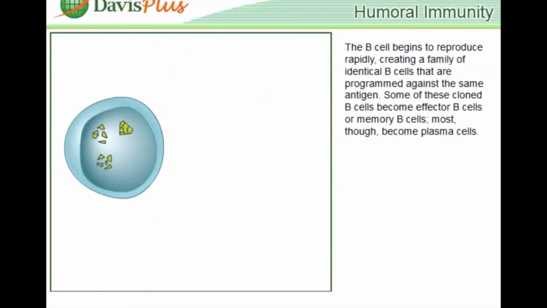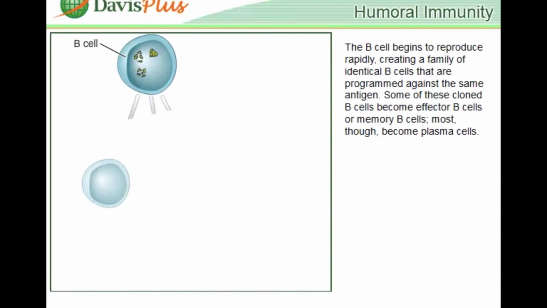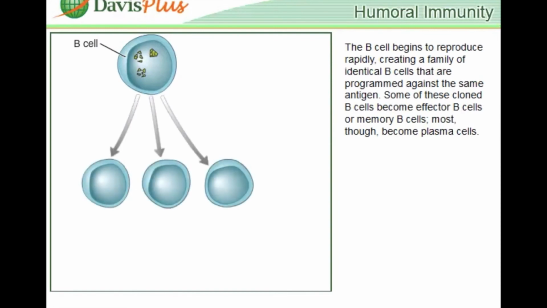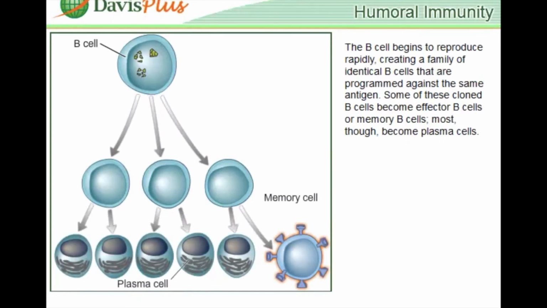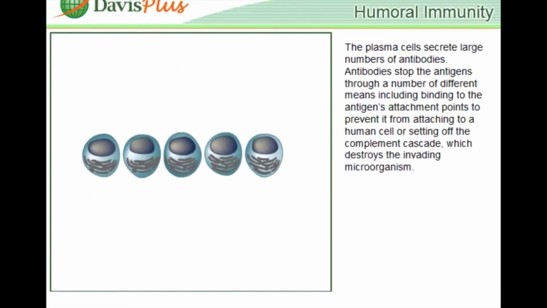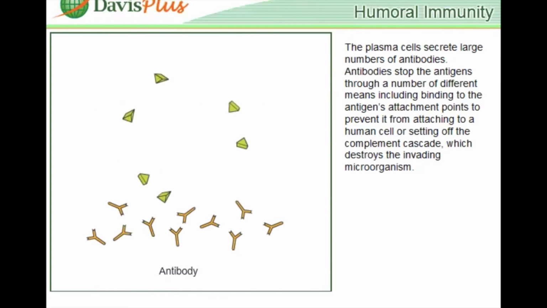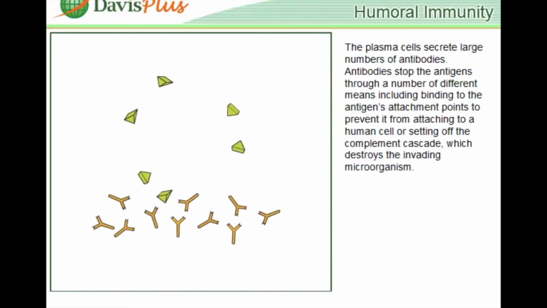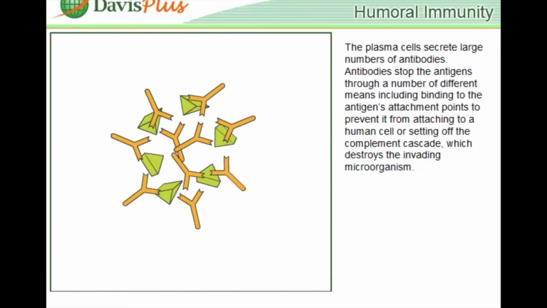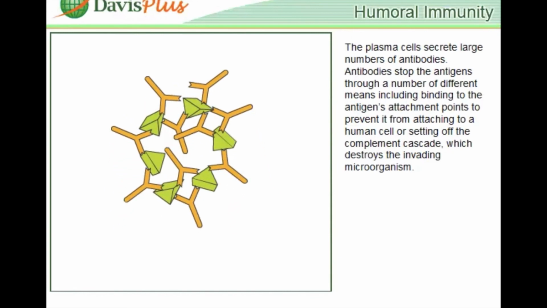The B cell begins to reproduce rapidly, creating a family of identical B cells that are programmed against the same antigen. Some of these cloned B cells become effector B cells or memory B cells. Most of them become plasma cells. The plasma cells secrete large numbers of antibodies. Antibodies stop the antigens through a number of different means, including binding to the antigen's attachment points to prevent it from attaching to a human cell, or setting off the complement cascade, which destroys the invading microorganism.